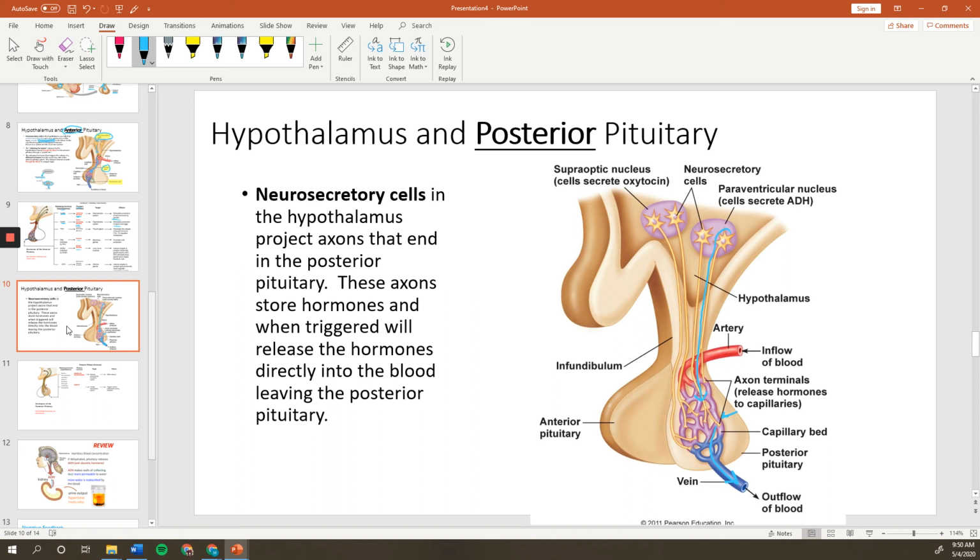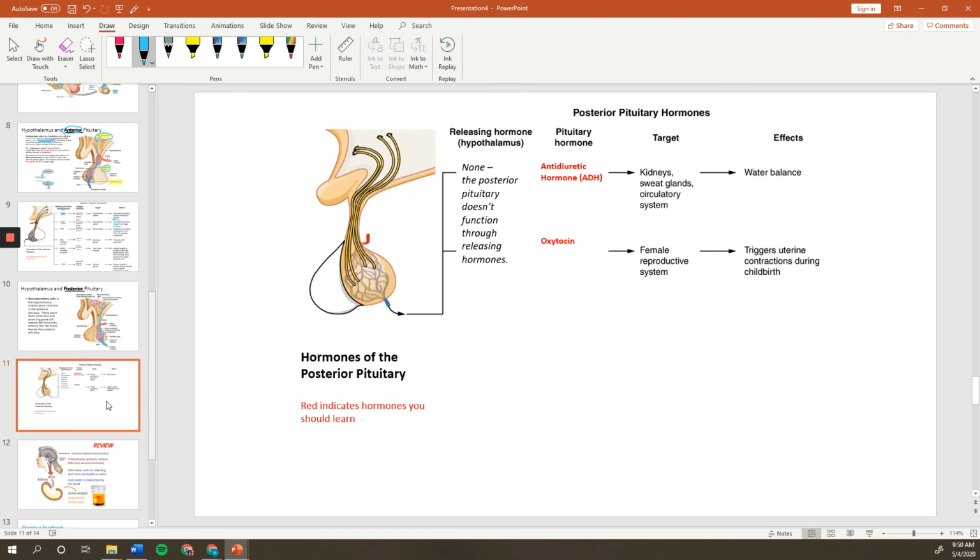The hormones come directly from the nerve cells that initiate in the hypothalamus and go down to the posterior pituitary. Some examples are ADH and oxytocin, which we'll also talk about in the next section.